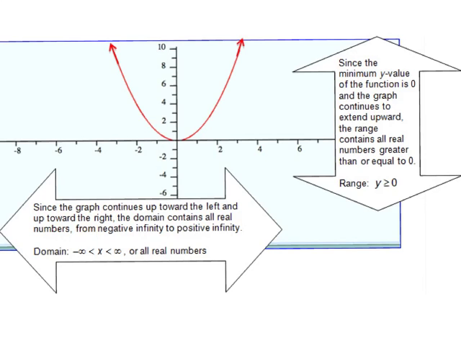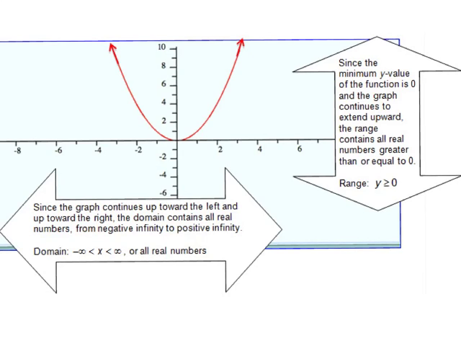All right, here you've got what is called a parabola, and you'll get into that a little bit more in your next book, but we see that the graph continues up towards the left and towards the right, and the domain contains all real numbers from negative infinity to positive infinity.